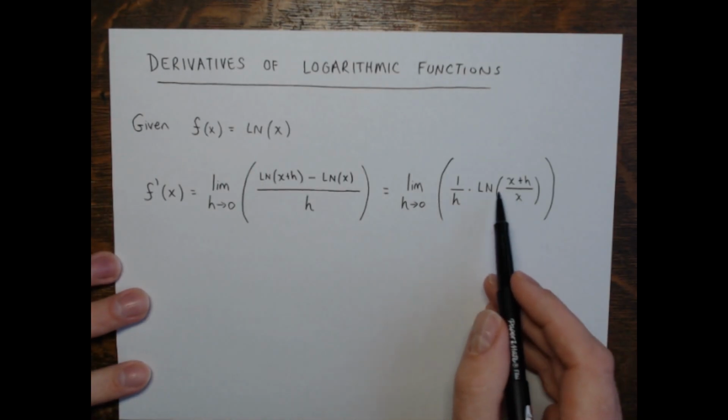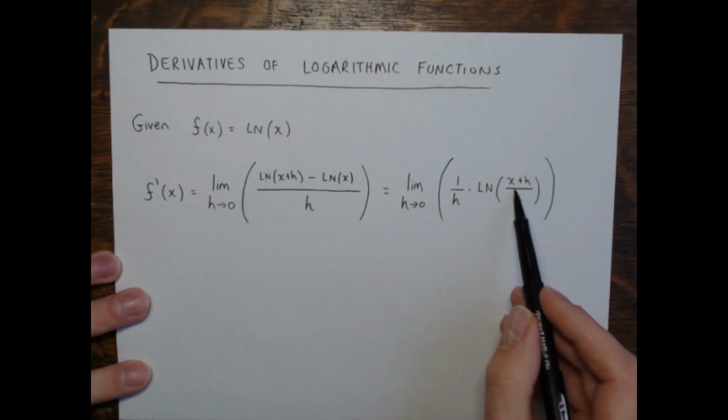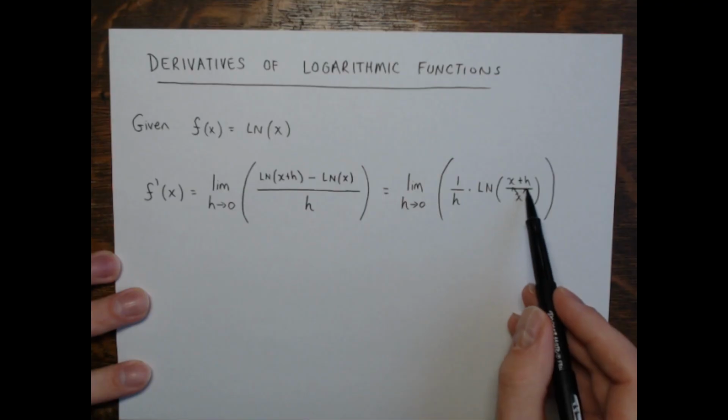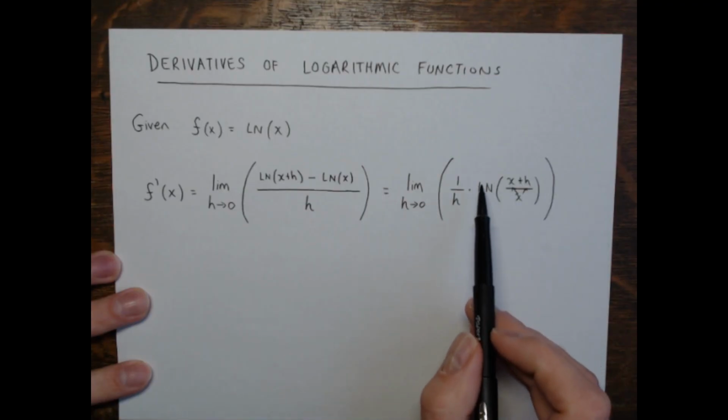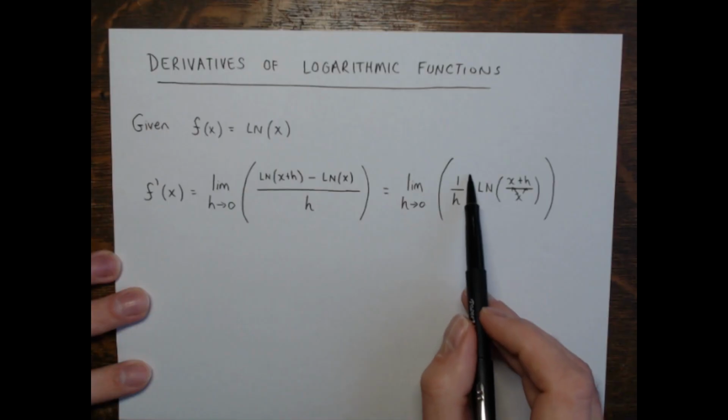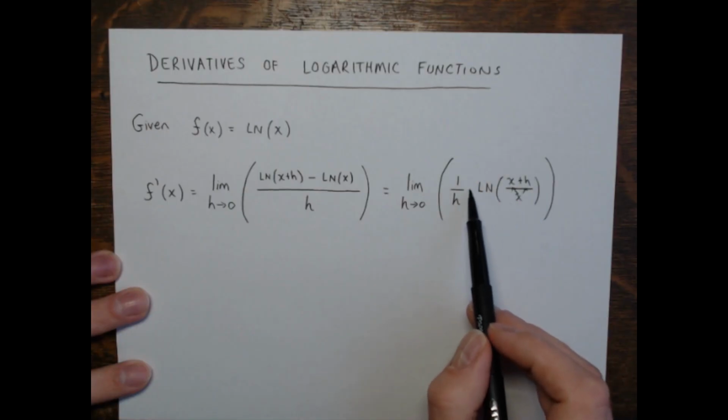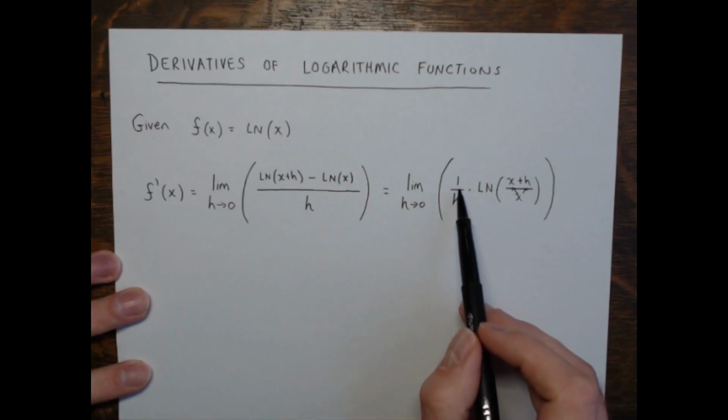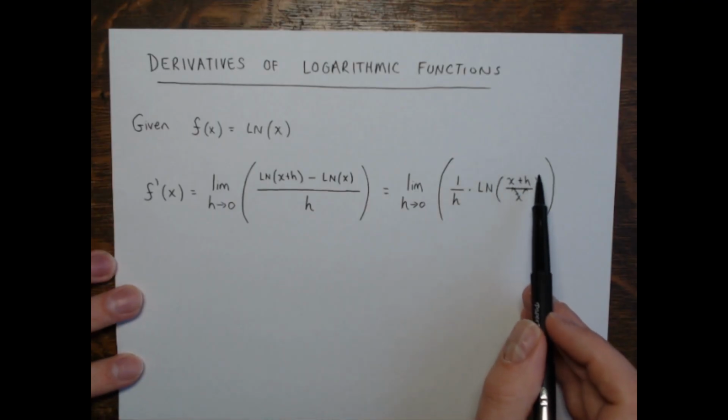And then I'm going to still retool this, dividing each of these terms, the x plus h by x, and also using the power property. Remember, when you have a coefficient of a logarithm, you can put that number inside as the power.